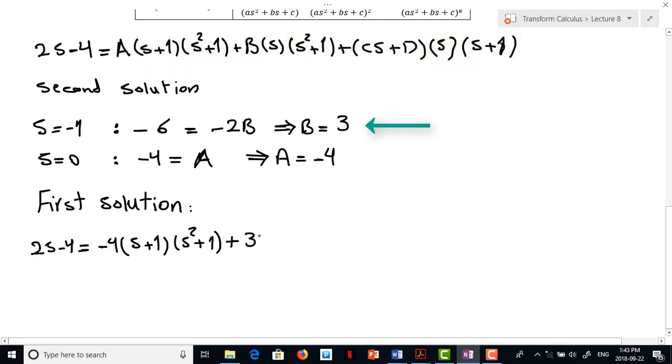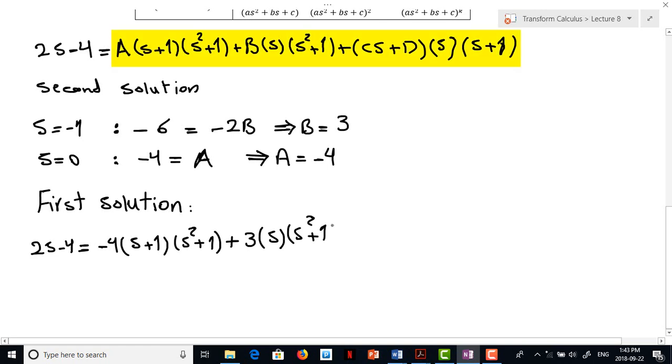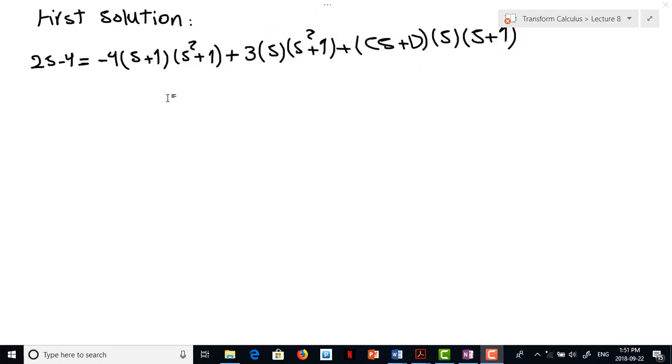B we already found it is 3 times s squared plus 1, plus cs plus d times s plus 1.